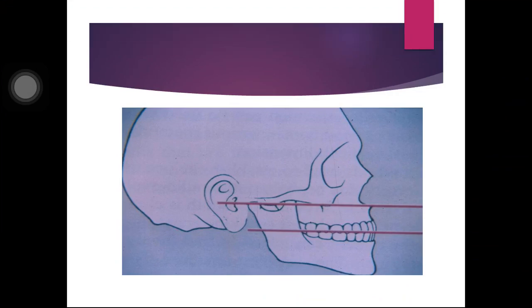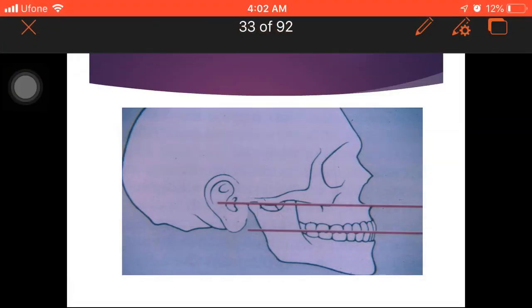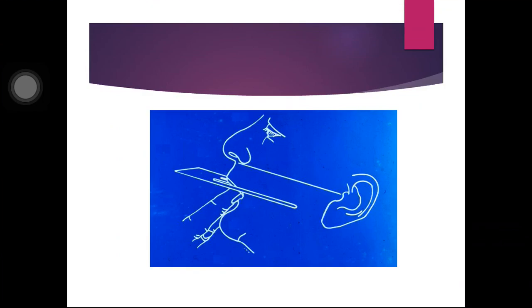So the posterior part of the occlusal plane is made parallel to the Camper's line. All of this is made possible with the help of a specific instrument which is called the Fox's plane.